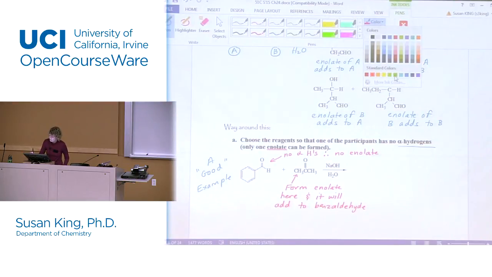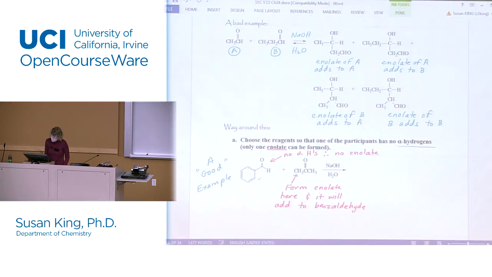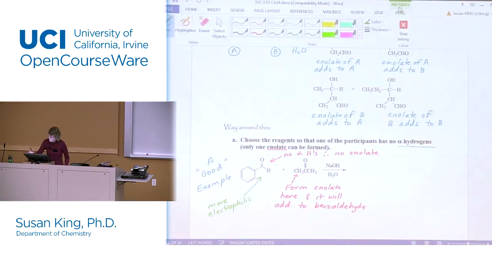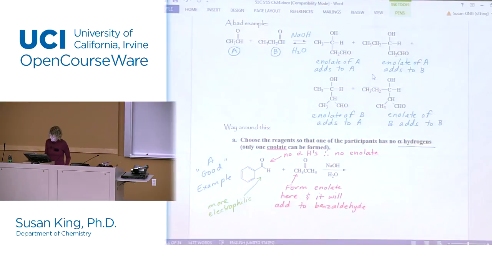When we take two carbonyls, one you form the enolate and the other one's more electrophilic, it's going to be a good reaction. So this is more electrophilic. So we form the enolate here, and it will add to benzaldehyde because aldehydes are more electrophilic than ketones.